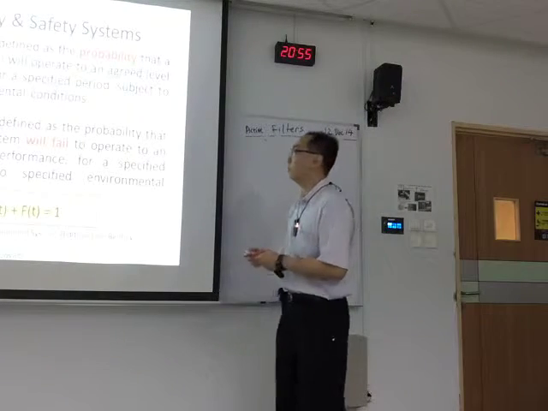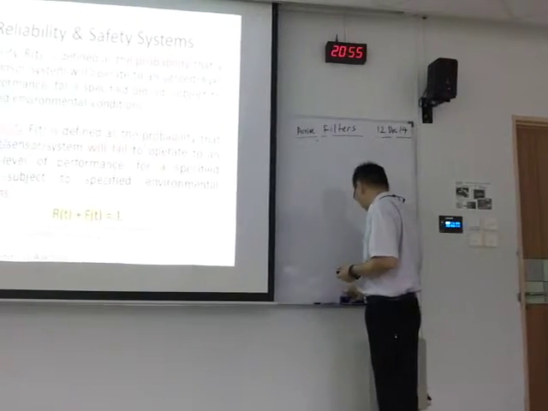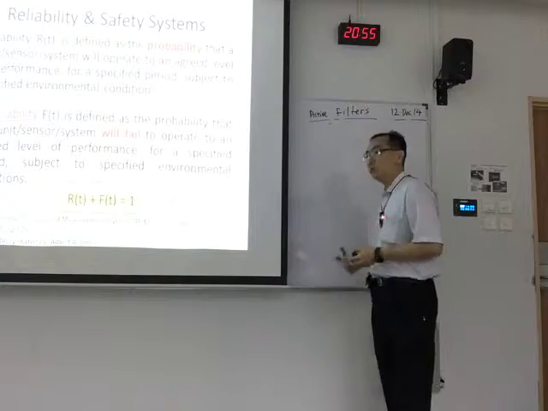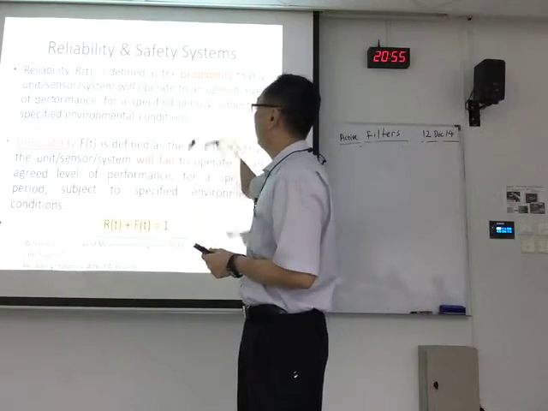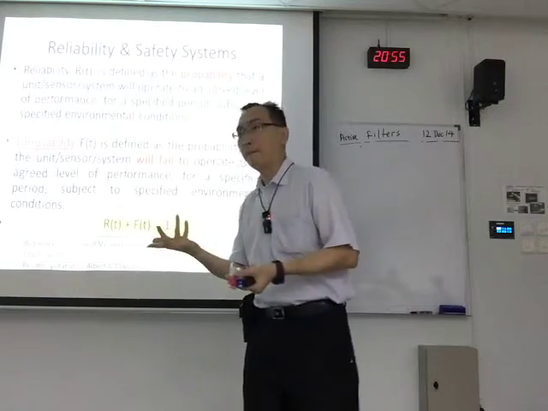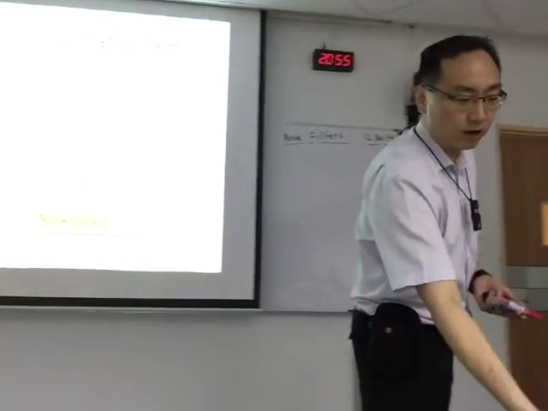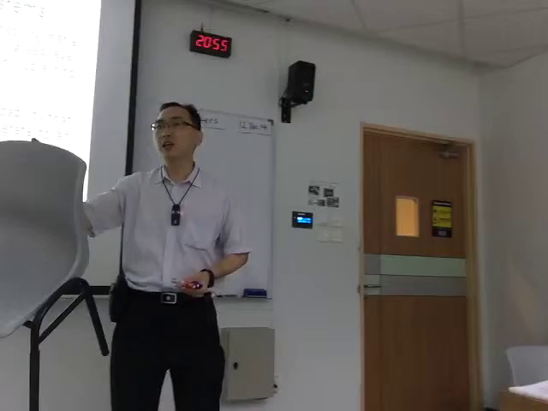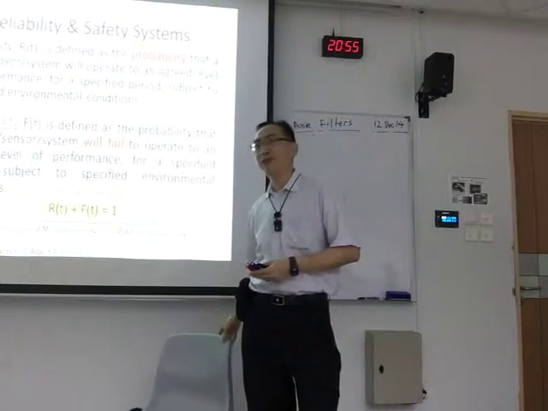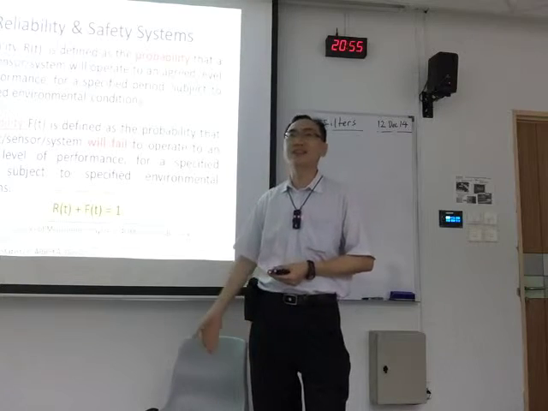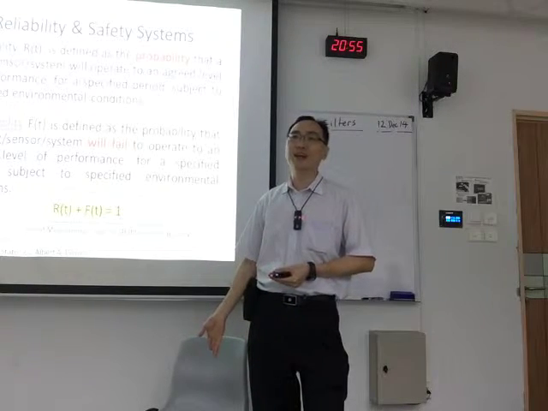Now let me just touch on this. When we talk about reliability, we talk about the probability of the thing failing or not failing. Now what if I ask you the probability of this chair breaking apart? Very low, because you probably have tested this. If you sit on it 1,000 times, unlikely it will break.